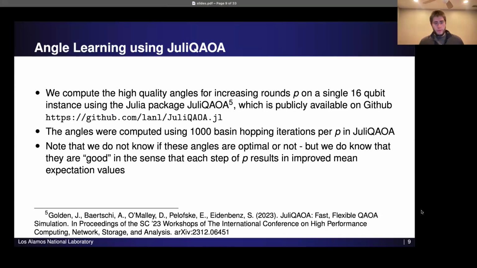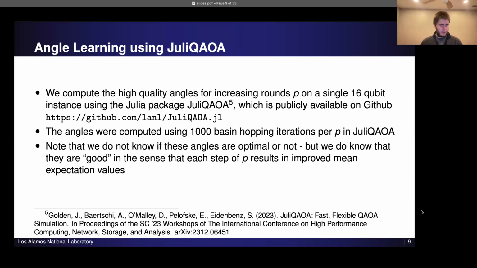In general, angle finding is decently hard. There are a large number of approaches, lots of different machine learning approaches. Here we use a pretty recent tool that our group at Los Alamos developed called Julia QAOA, written in Julia. We use this to get really good angle finding.